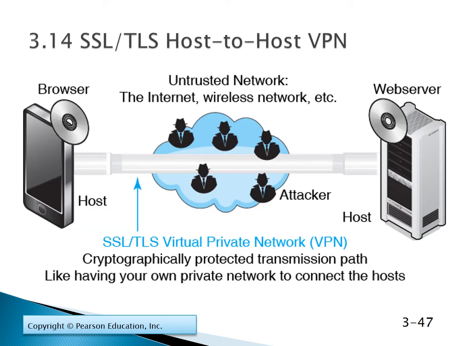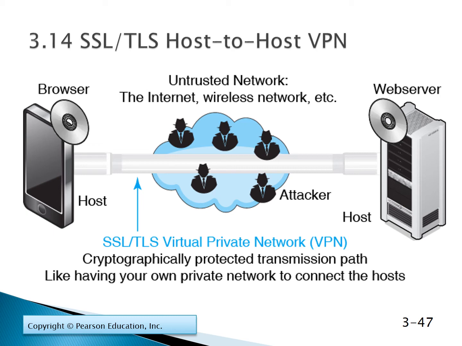Another way to protect your message during the transmission is to use SSL, or sometimes you call it SSL/TLS host to host VPN. VPN, of course, we know is the virtual private network.